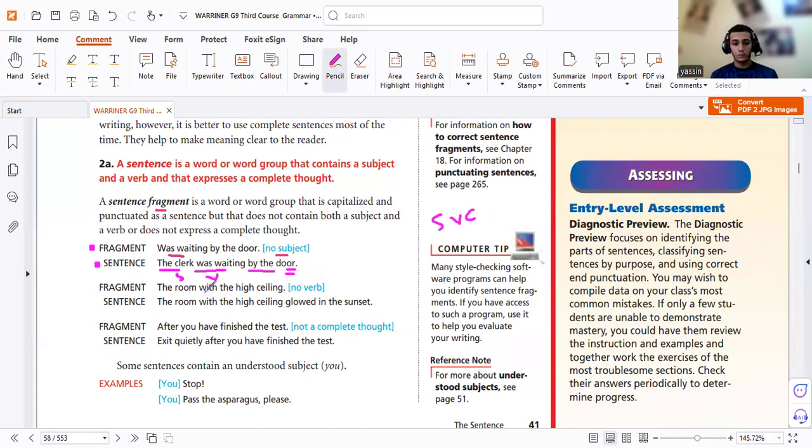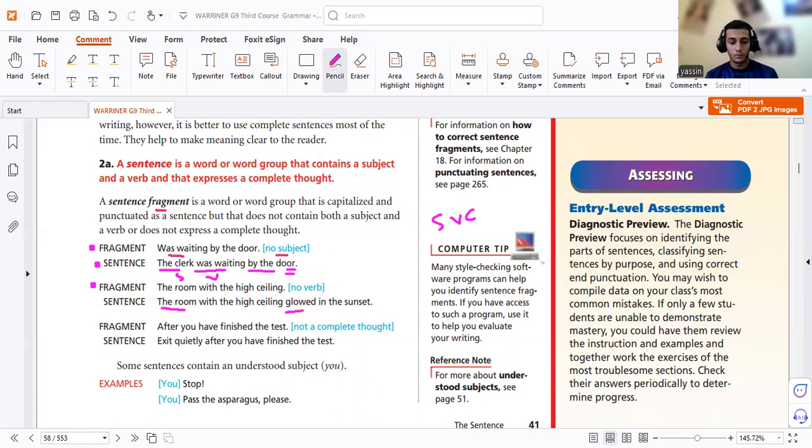This is article, noun, preposition, article, adjective, noun. There's no verb. So it's a fragment. You catch it? Here, do we have a subject? Yes. Do we have a verb? Yes. So what glowed in the sunset? The room.